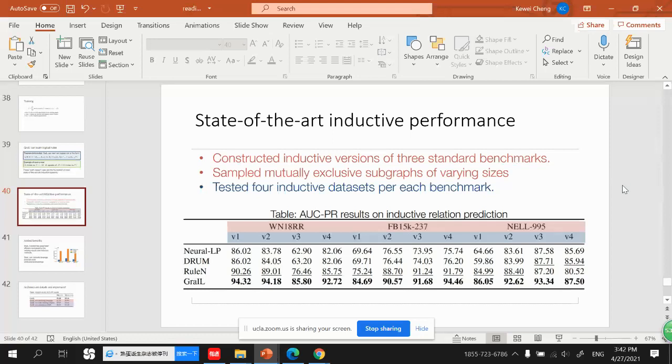From my opinion, I thought so. First of all, many papers on rule learning evaluate their method using link prediction as the downstream task.